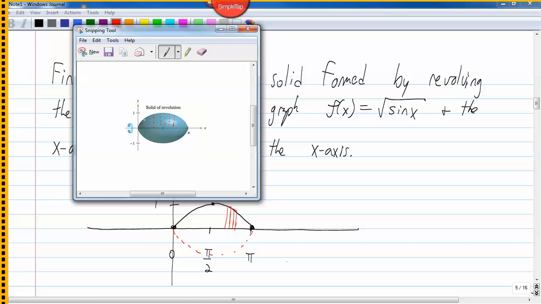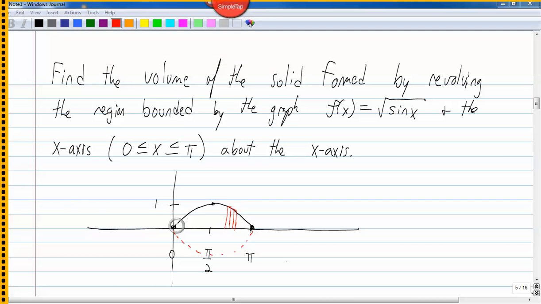They're changing. What's making these change? This line right here. And what line is that? That's what we graphed down here. So the radius of each disc is changing according to the function.